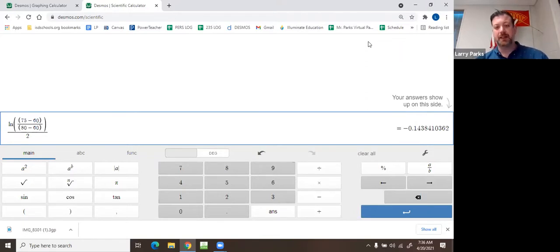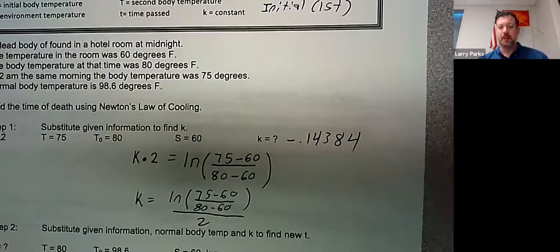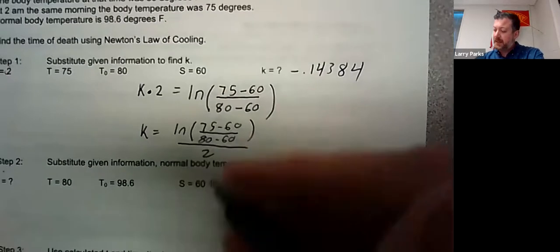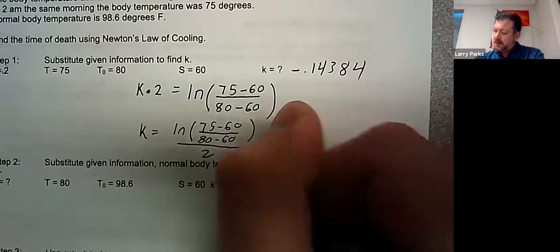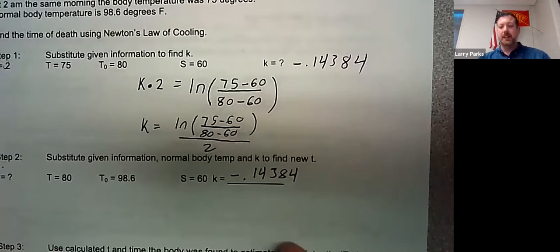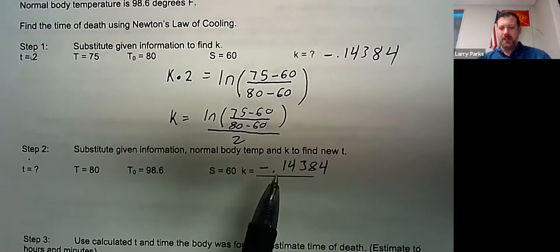So that's my K value. That's my constant. Now that I know K, I can plug that here. All right, so now we're going to use this information to work backwards.